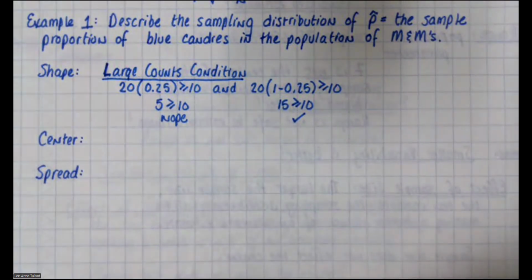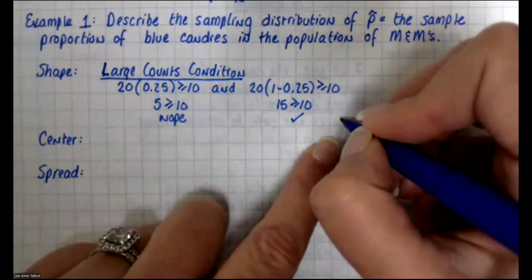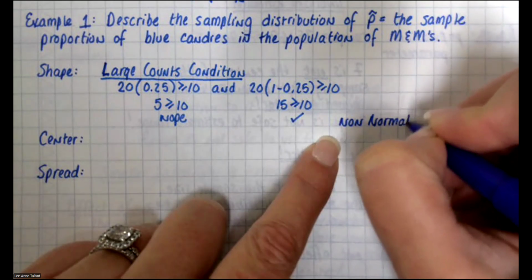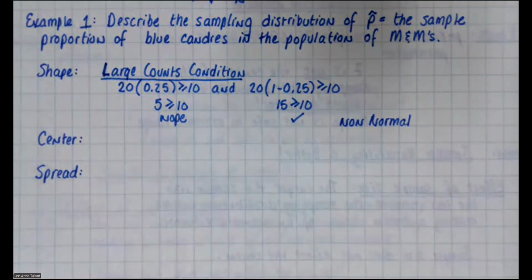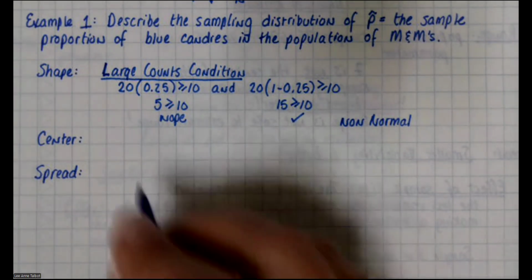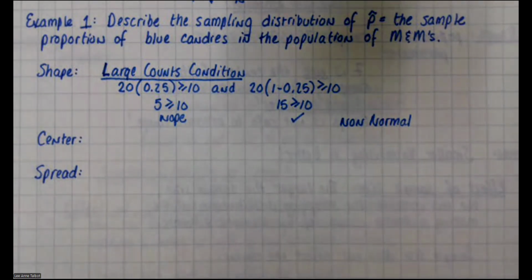Let's take a look at the applet to decide, but for you guys, if you were doing this on a test, if you can't find the shape, just say not normal. We're going to try to attempt to find the shape on the applet, but you guys do not need to do that. If this doesn't work, you say not normal, you move on with life.